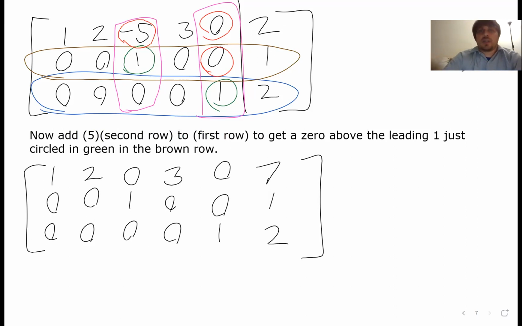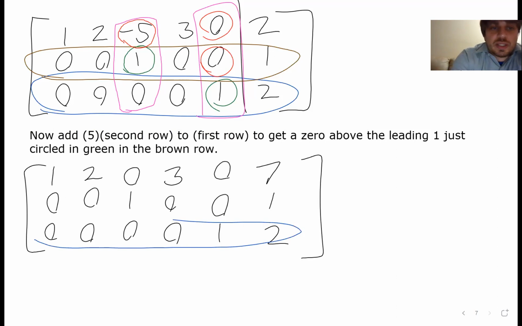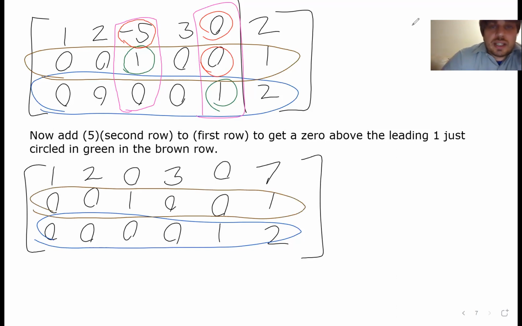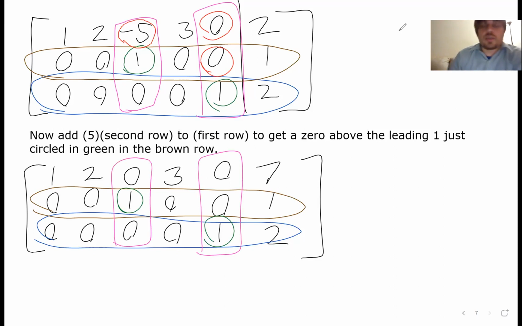Okay, so now we have that this row is this. We have the brown row here. We have the green row. Okay, so we have that now.